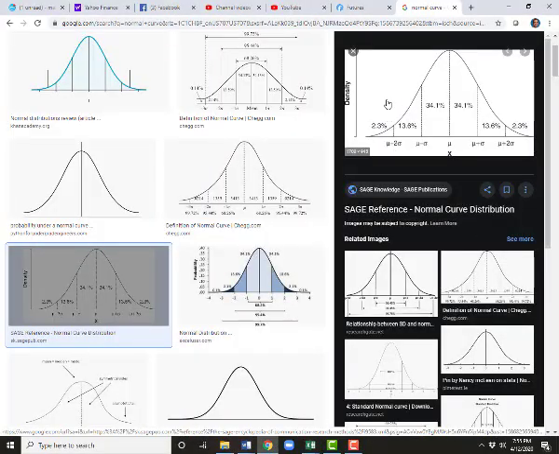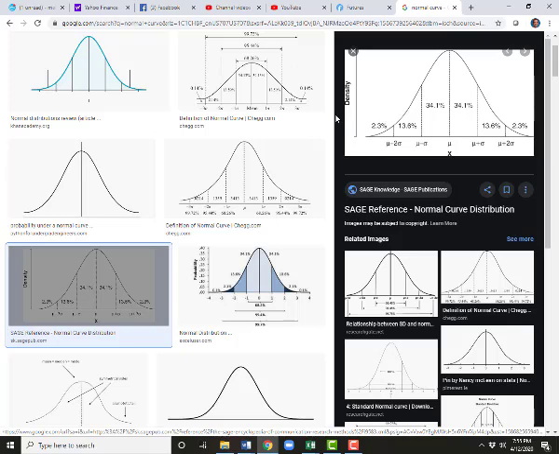So if right here is 1.64 standard deviations, then 95% would be that way and 5% would be that way, because the curve represents 100%. If we go out 2.33 standard deviations, maybe we're right out here, then 99% is to the right, 1% to the left. We're going to be spending our time on the left-hand side, on the loss side.